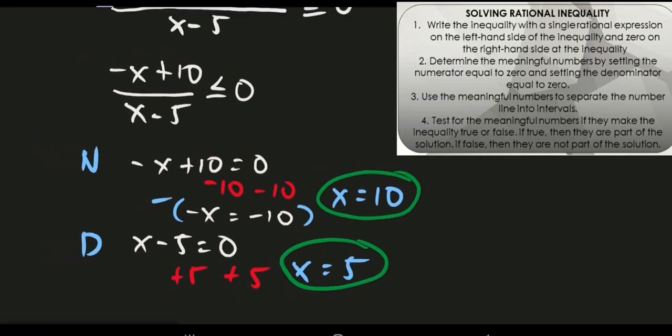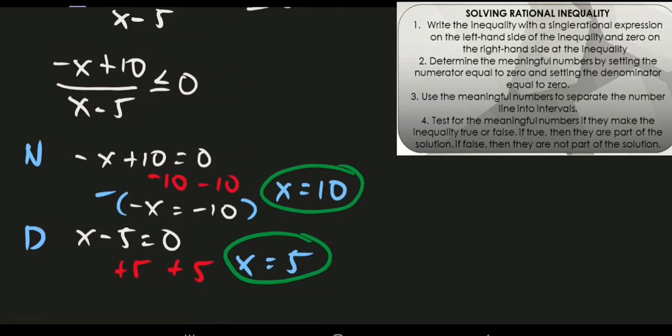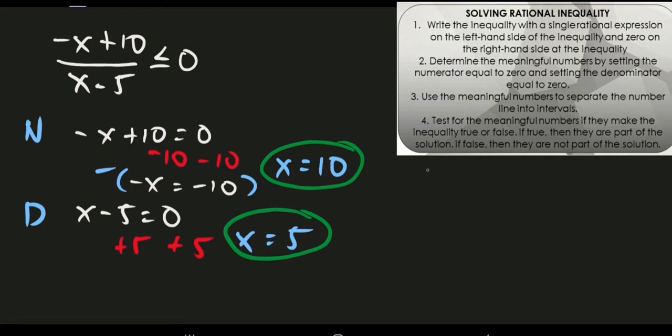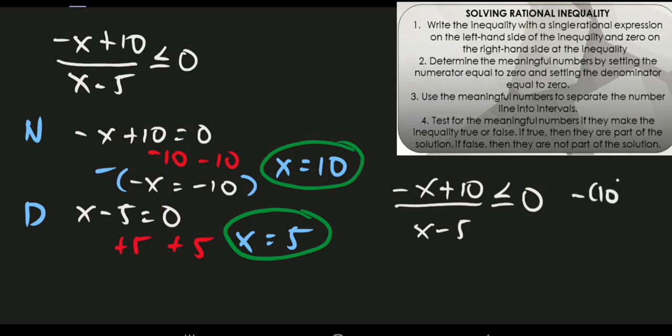So for the numerator, we have this x as 10. So try to use our given expression. So we have negative x plus 10 all over x minus 5 is less than or equal to 0. So if x is 10, therefore it will give us negative 10 plus 10 all over 10 minus 5.